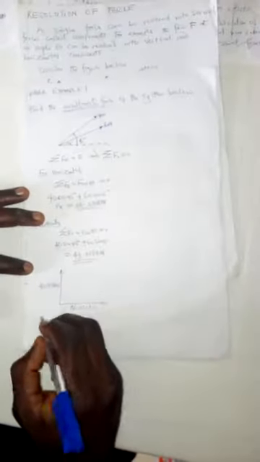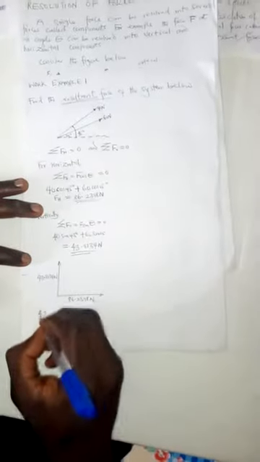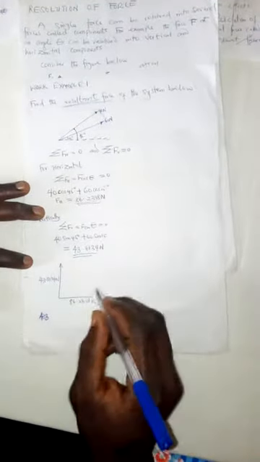You can continue like this. To get the resultant, we use the Pythagoras theorem, a mathematical approach.